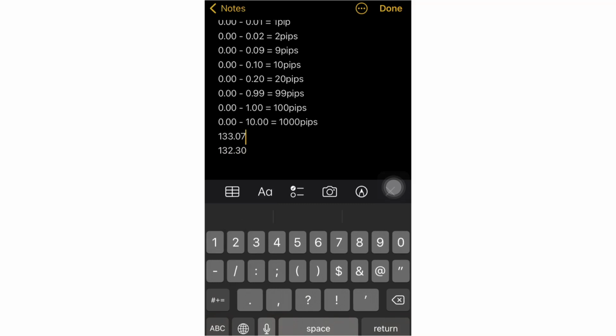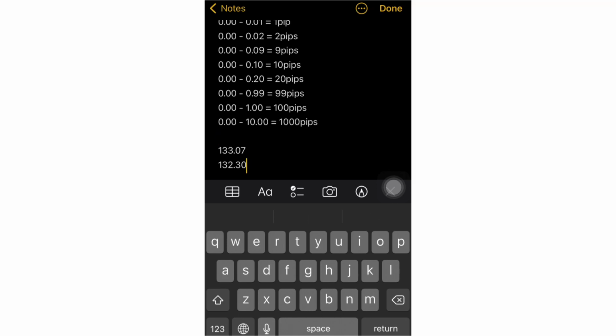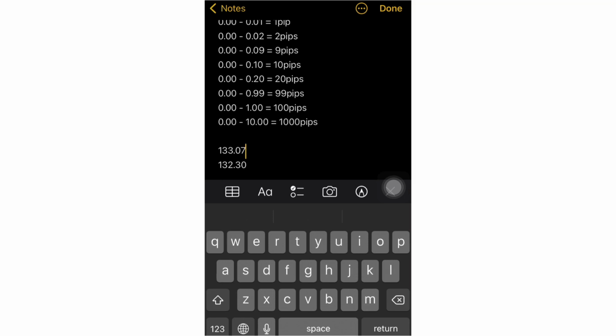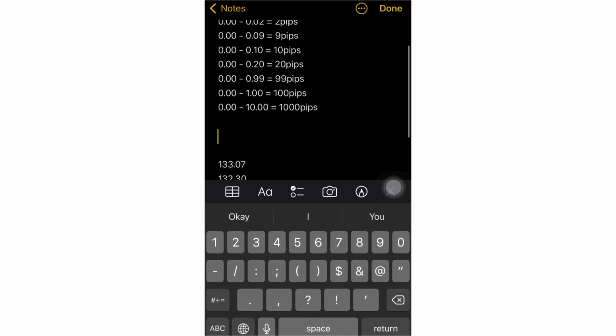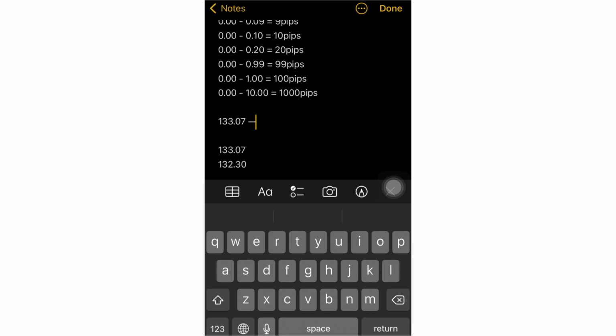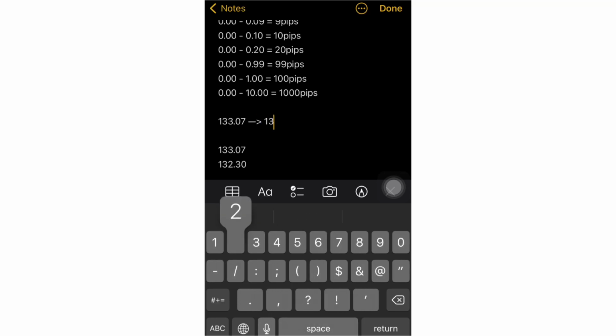The entry price will be like this. Trust me, this is how it's going to show you in MetaTrader or any other platform when you close the trade.